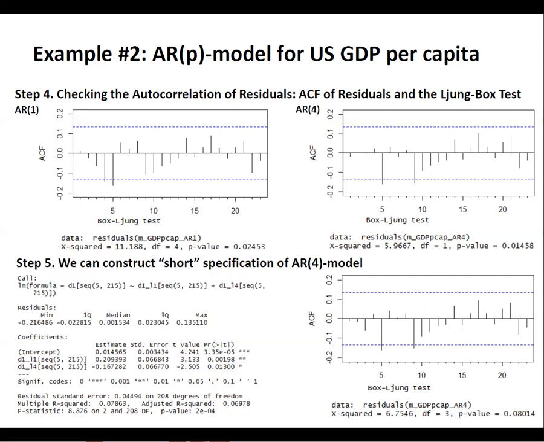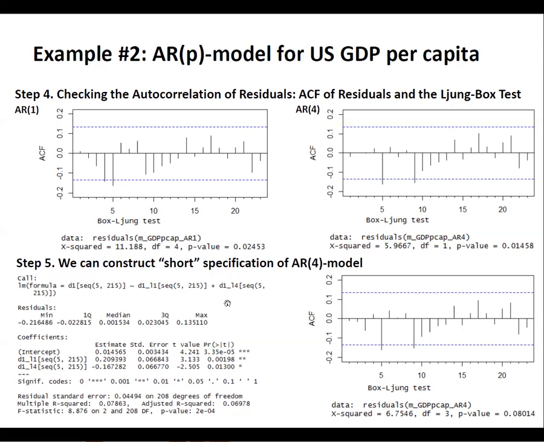Therefore, we can build a short specification of the AR4 model. We consider only the first difference with the first lag and the first difference with the fourth lag as regressors. And we simply threw out the second and third lags so as not to spend extra coefficients on them.